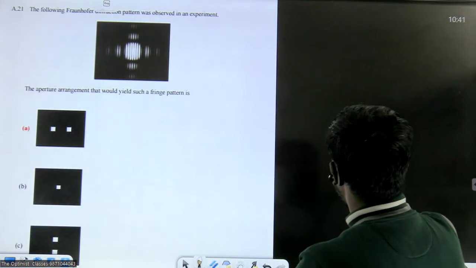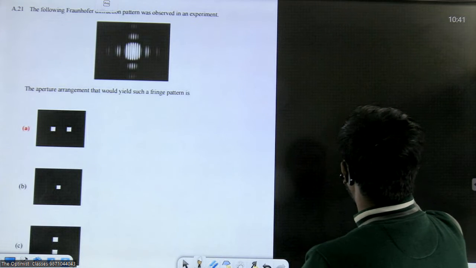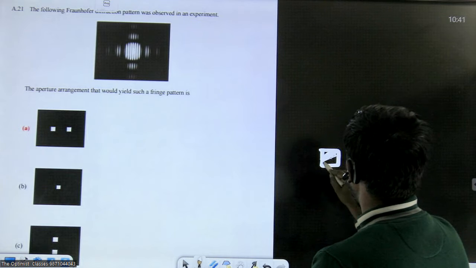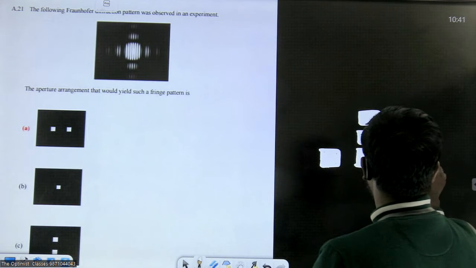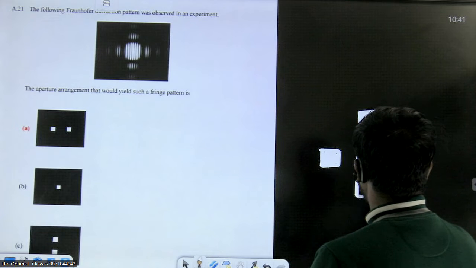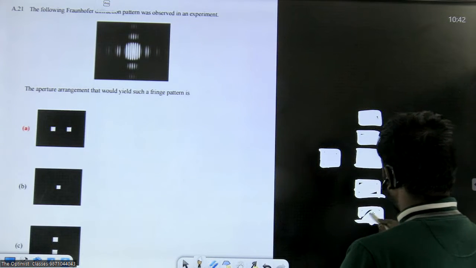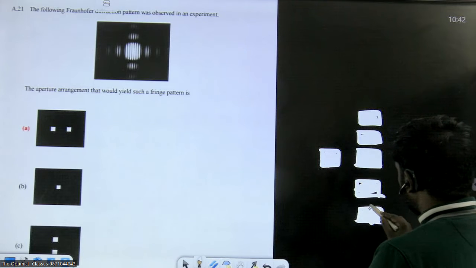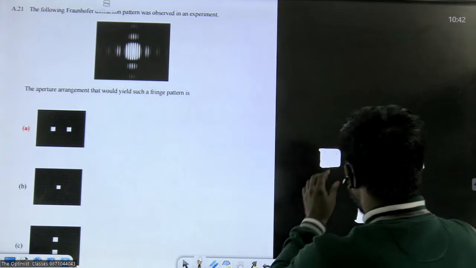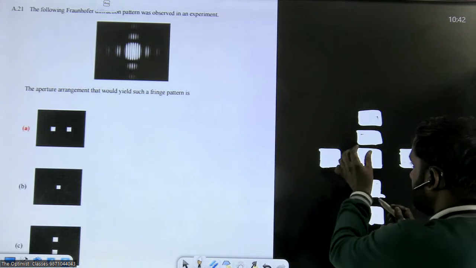So you will get some pattern of this kind. This side also you will get something like this, and this side also. So because of a single square aperture, you get a diffraction pattern of this kind, but these will be white patches, and there will be dark patches here.